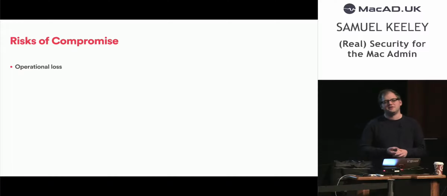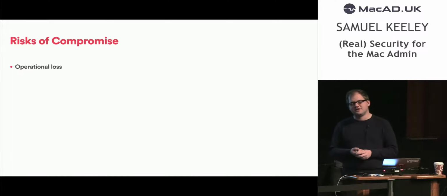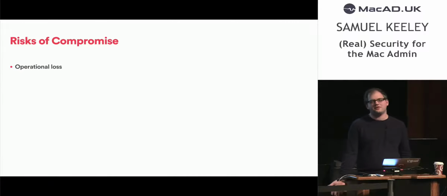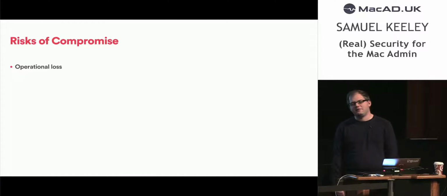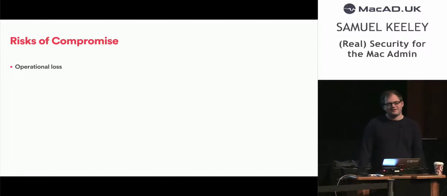So this could be as simple as somebody installs some common malware like MacKeeper, and it just clogs up their machine for the day, and they have to bring it to your help desk. And really, from some common malware like that, it's really just adware. You're probably not losing any data from it. You're just losing operational work. It's costing you hundreds of dollars and not millions of dollars.